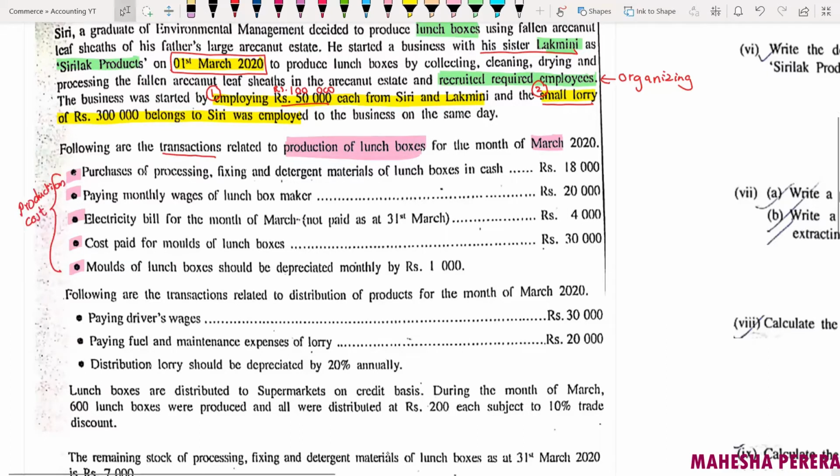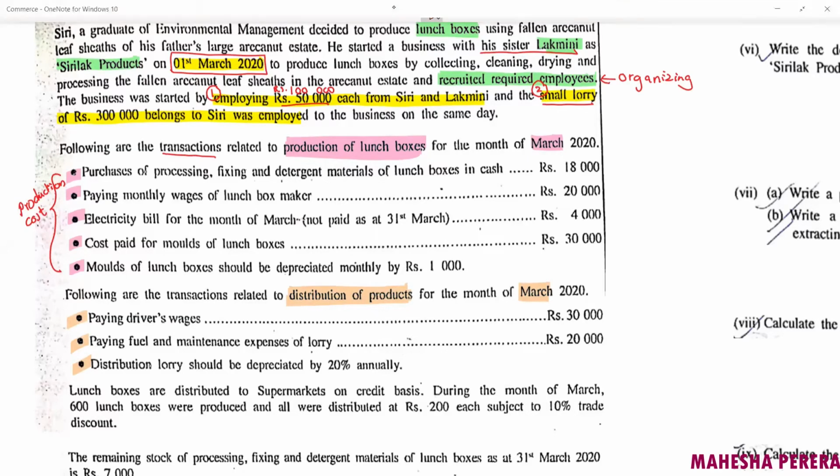Again, there is another sentence saying the following are the transactions related to distribution of products. So these are distribution costs for the month of March. There are 3 costs. Then again, there is a paragraph. Let's read and see.